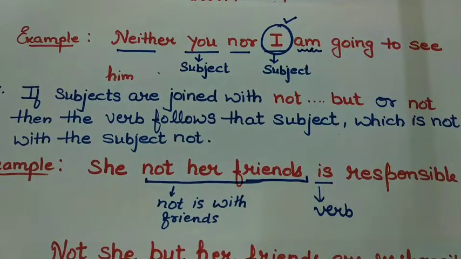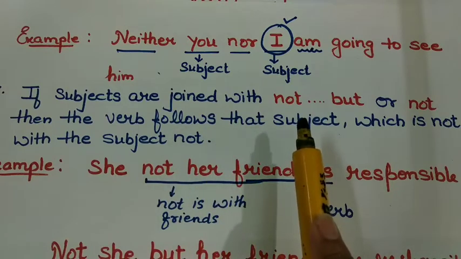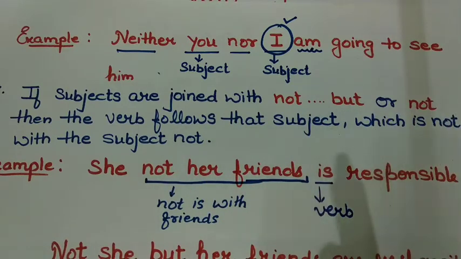So in such cases, if two subjects are joined with not only but also, neither nor, either or, etc., we have to use the verb according to the nearest subject. Now coming to the next rule. The next rule says, if subjects are joined with not, but, or only not, then the verb follows that subject which is not with the word not.